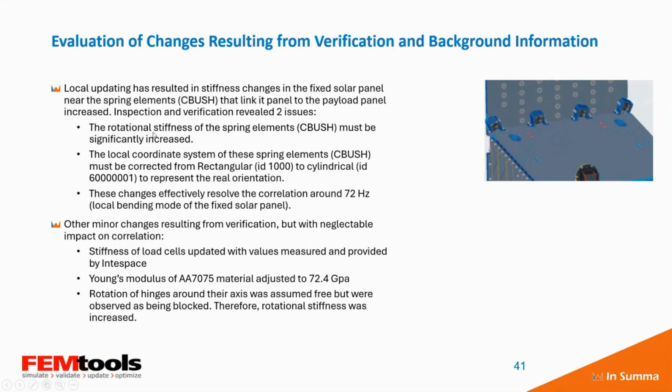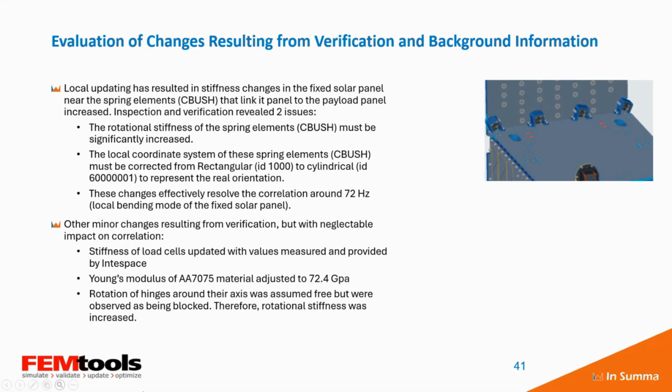And then there are other changes that result from verification, like the stiffness of the load cells, the Young's modulus that had been slightly increased, and also some spring stiffness, rotational stiffness that needed to be increased because some part was considered free, a hinge that was considered free, but it actually was blocked, and therefore the rotational stiffness was modified from 0 to 1E10.